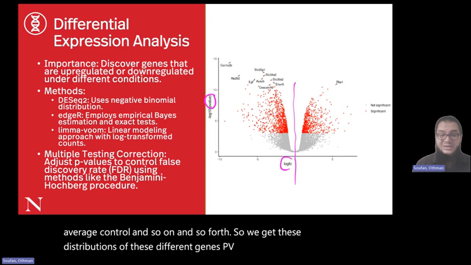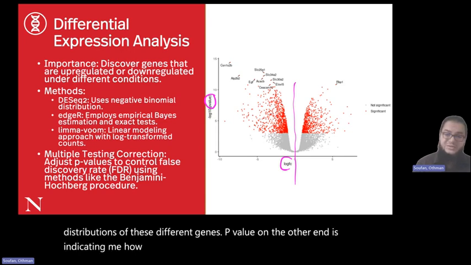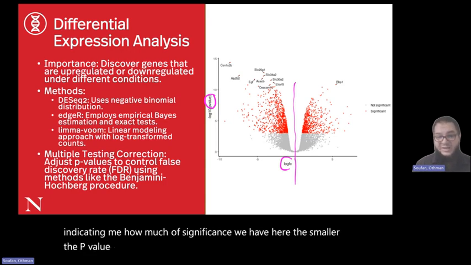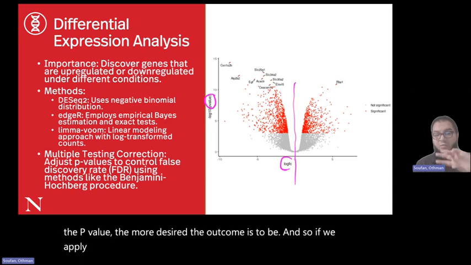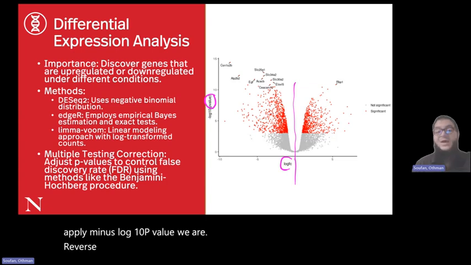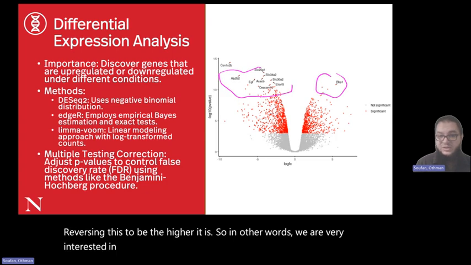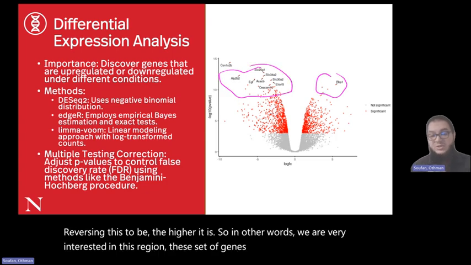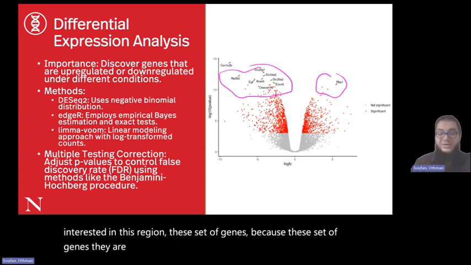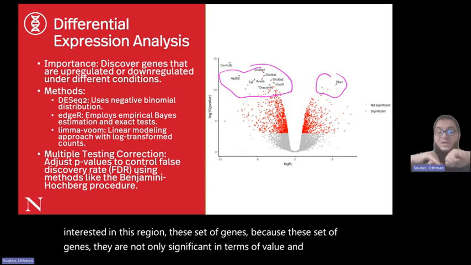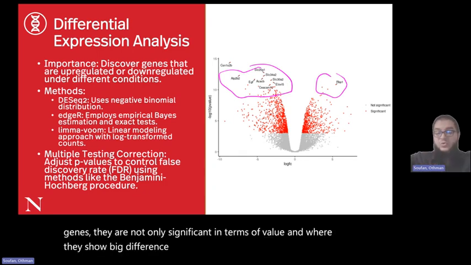P-value on the other end is indicating how much significance we have here. The smaller the p-value, the more desired the outcome. And so if we apply minus log 10 p-value, we are reversing this so that the higher it is, the better. So in other words, we are very interested in this region, this set of genes, because they are not only significant in terms of p-value and show a big difference between two groups, but we can also confirm this with log fold change.